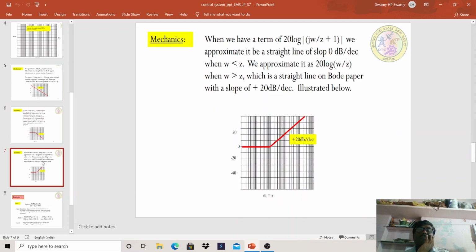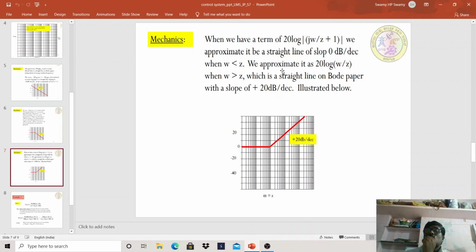Okay, now we have the term 20 log of j omega by z plus 1. We approximate it by a straight line of slope 0 dB per decade when omega is less than z.